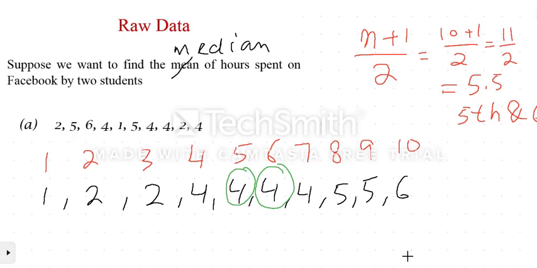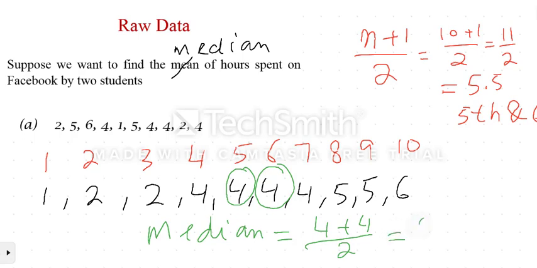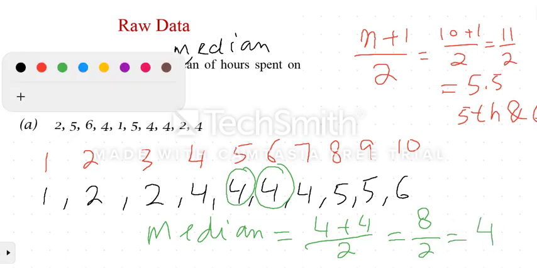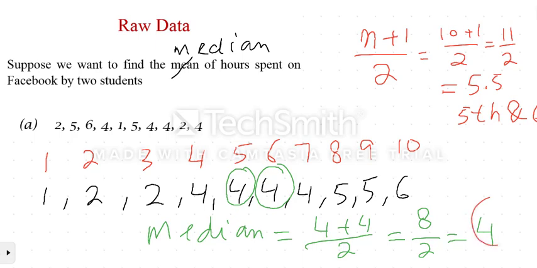Therefore, in this case the median will be these two numbers added and then divided by 2, because there are two. It is 8 over 2, which is 4. Therefore, the median is 4.